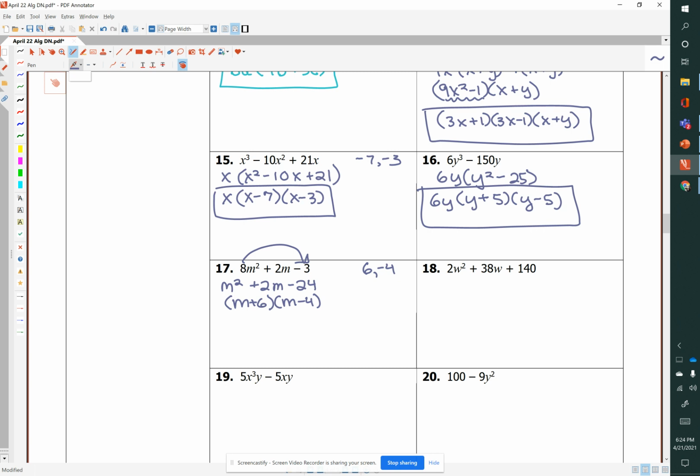Now we need to take that leading coefficient of 8 and use it as our new denominator under these factors.